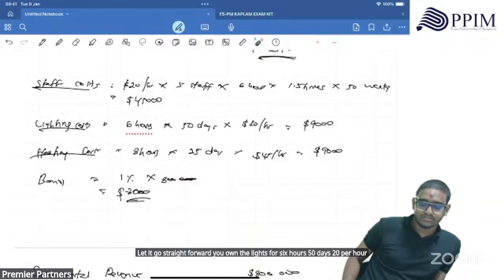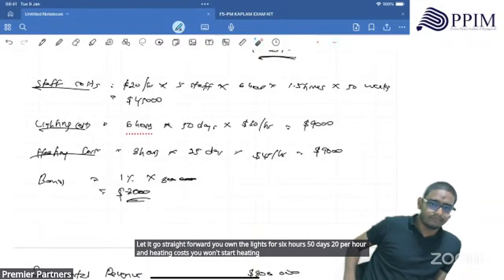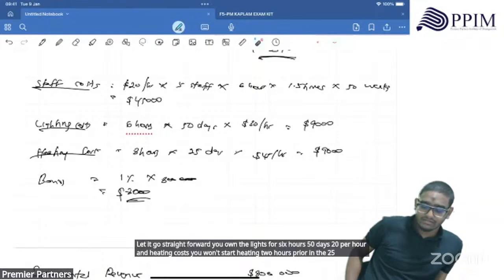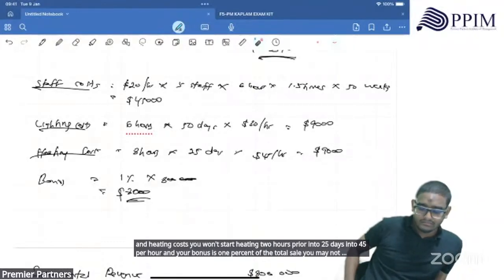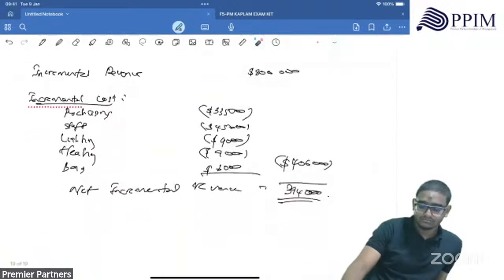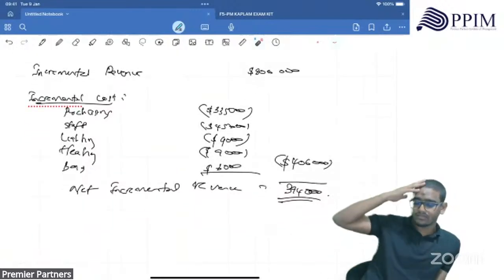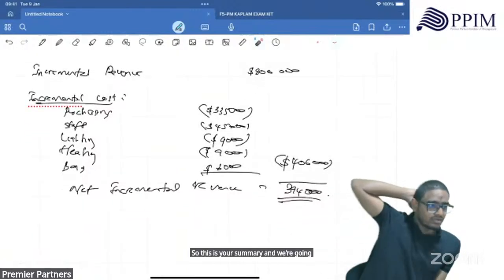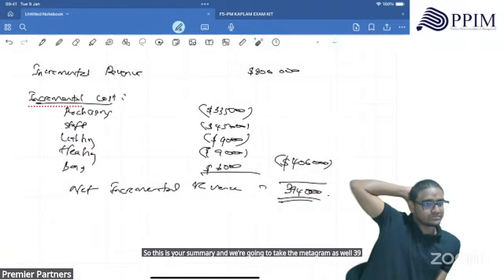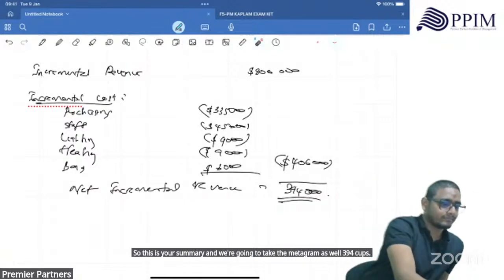And heating cost, you will start heating 2 hours prior, into 25 days into 45 per hour. And your bonus is 1% of the total sale you make on Sunday. Right? So this is a summary giving you an incremental revenue of 394,000. Are you okay?